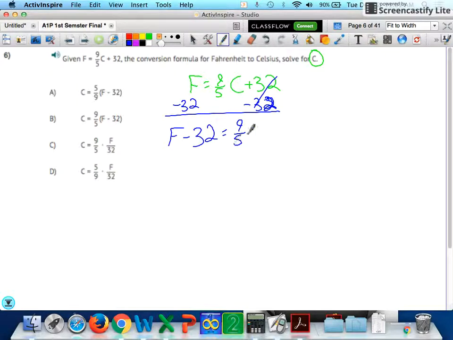And then we have this 9/5 C. Now, to get rid of this 9/5, you can do it in 2 pieces or in 1. This is a 9/5, and so to get rid of that fraction, we actually multiply both sides by 5/9.